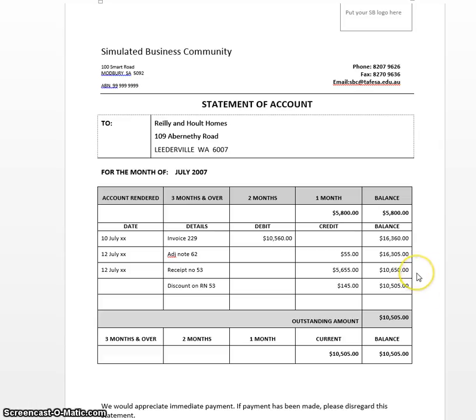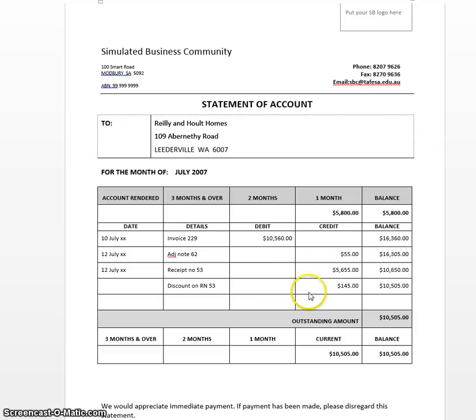When we take the amount of $5,655 off their account and the discount amount of $145 off their account, it gives us the new balance of $10,505. This is the amount of the transactions that have also taken place during the month.